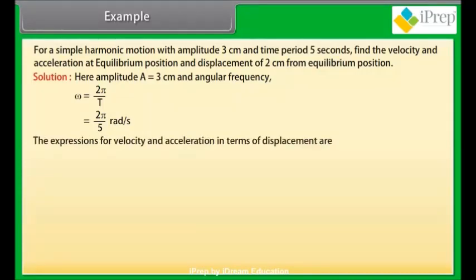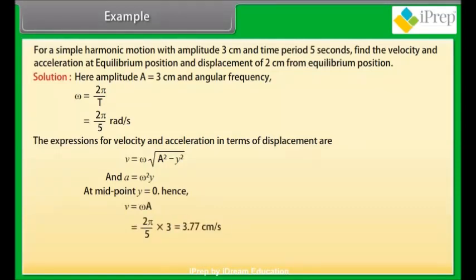The expressions for velocity and acceleration in terms of displacement are v = ω√(A² − y²) and a = ω²y. At midpoint y = 0. Hence, v = ωA = 3.77 cm per second and a = 0.